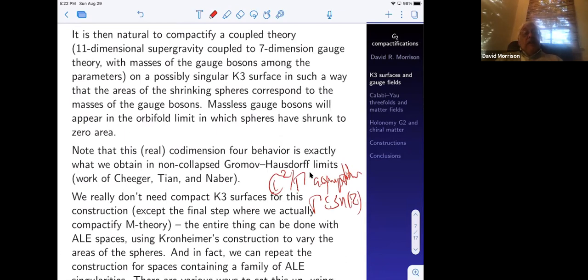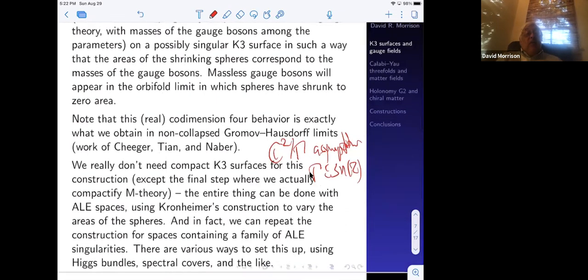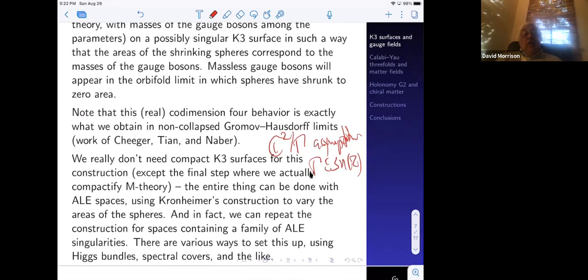Now, K3s were nice to have. And if we really want to compactify M theory, we should probably stick to K3s. But most of that construction can be done using the Kronheimer way of talking about the C2 mod gamma singularities and ALE spaces.